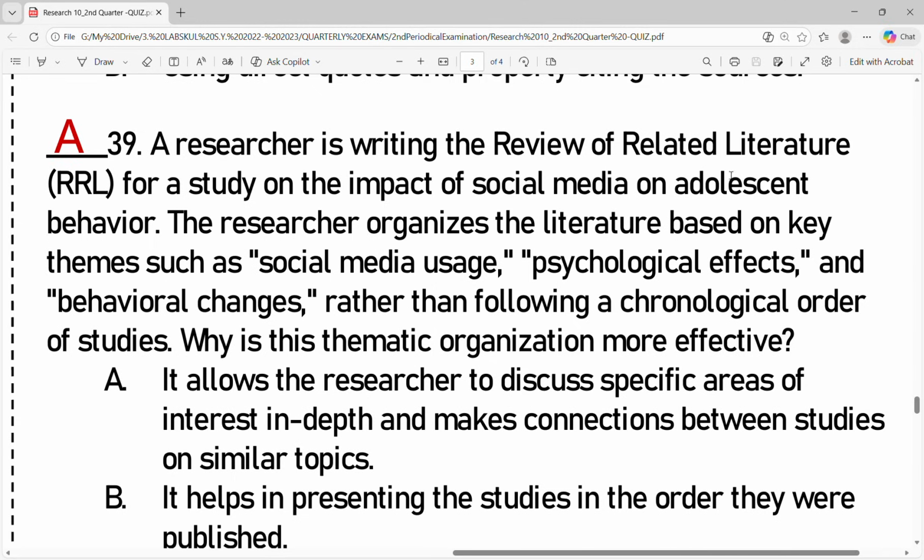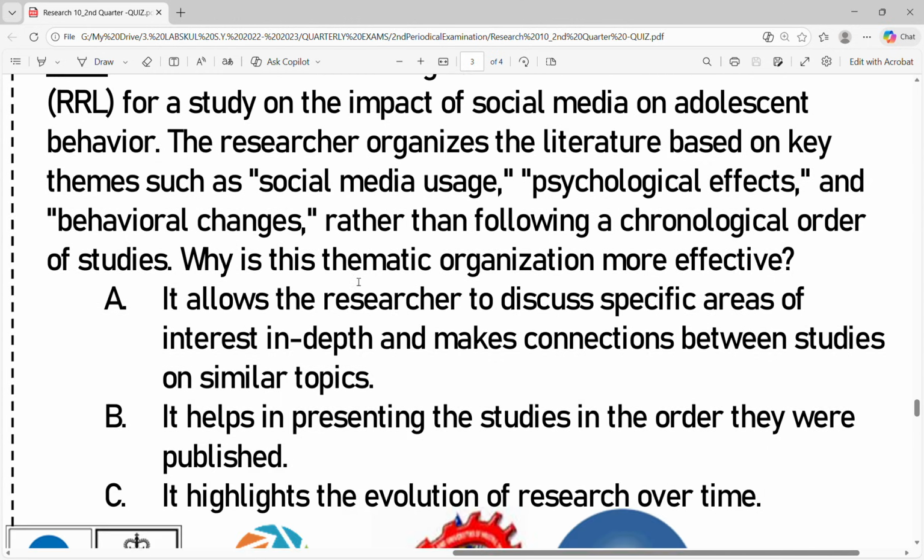Number 39, last two questions. A researcher is writing the review of related literature for a study on the impact of social media on adolescent behavior. The researcher organizes the literature based on key themes such as social media usage, psychological effects, and behavioral changes, rather than following a chronological order of studies. Why is thematic organization more effective?